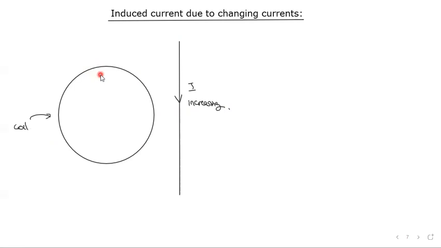So here's the setup. You have a wire carrying current, and this current is increasing. Now, we'll run through this one in a bit more detail, and then there's a few more examples that will be very similar to this.